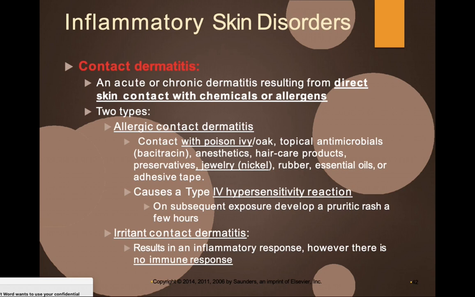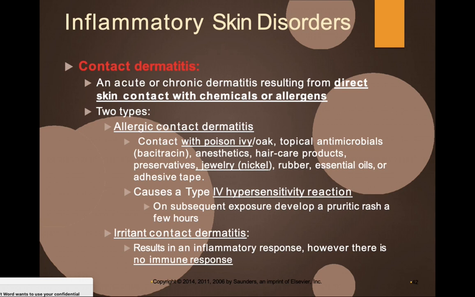The difference is one of these has an immune response and the other one doesn't. The allergic contact dermatitis is considered to be a type 4 hypersensitivity reaction, meaning that that one has an immune response. Here you can think of poison ivy or poison oak. Okay, so that is an allergic contact dermatitis.